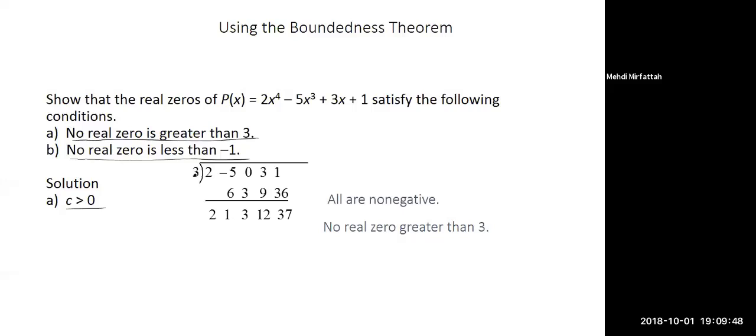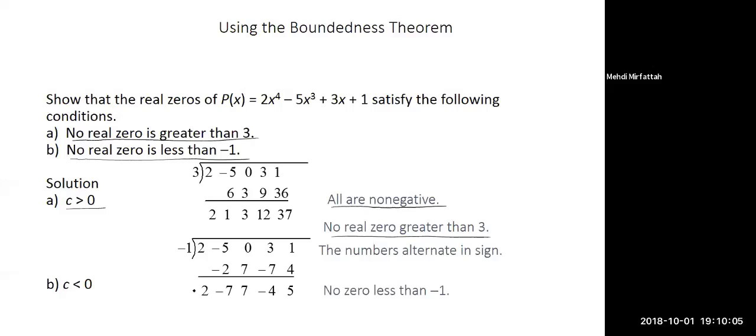If I go ahead and use synthetic division, dividing by that 3, you notice that in this example there are no sign changes, so no real zero is greater than 3. And for part B, if you look at the synthetic division, you see the sign alternates between plus and minus, plus, minus, plus, minus, plus. So the numbers alternate in sign, so no zero is less than minus 1.